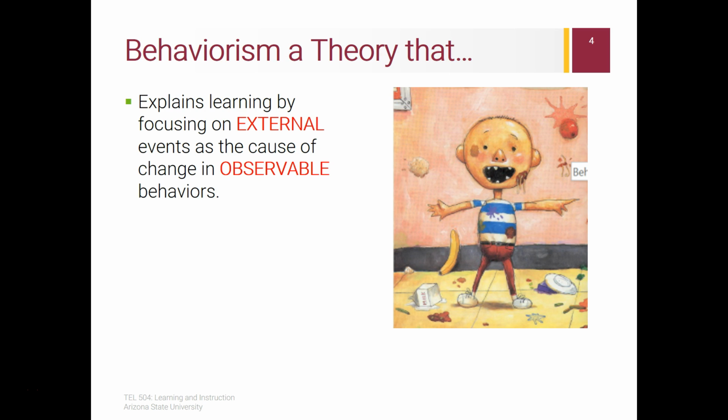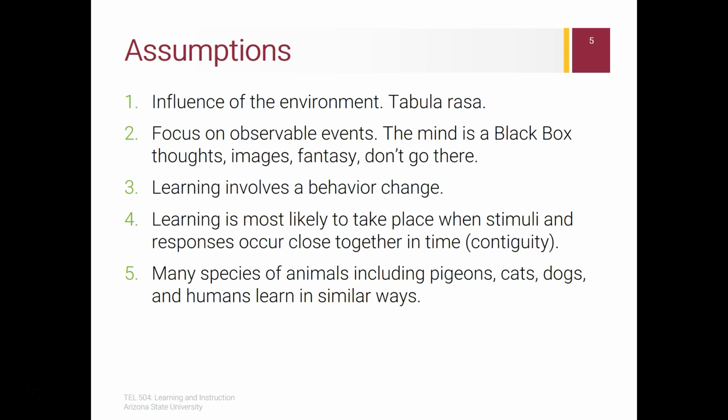Behaviorism is a theory that explains learning by focusing on external events as the cause of change in observable behaviors. Individuals working with a behavioristic paradigm held certain assumptions. They thought that the environment was key.